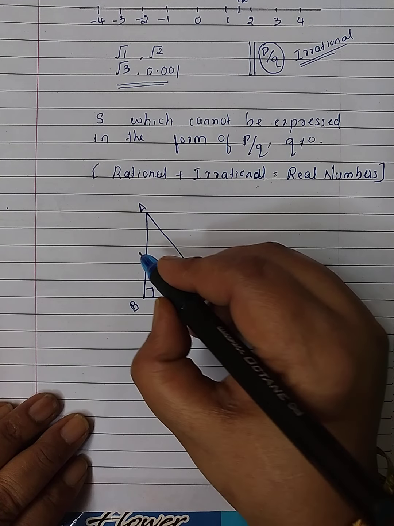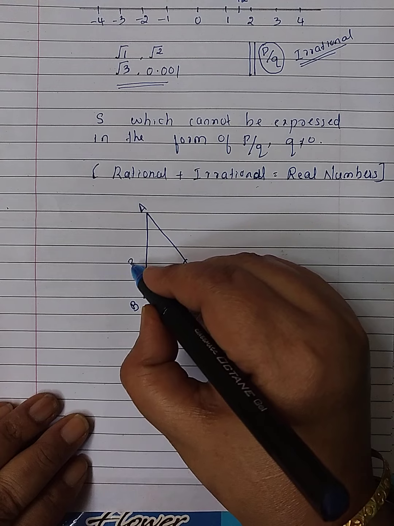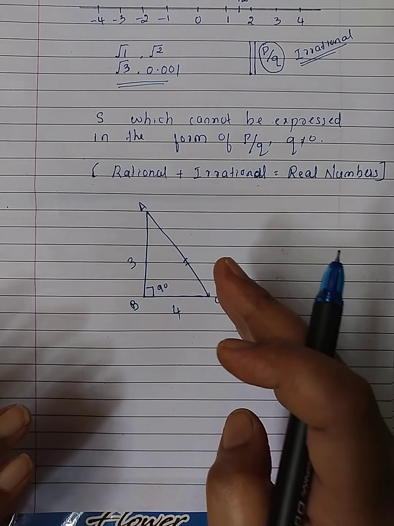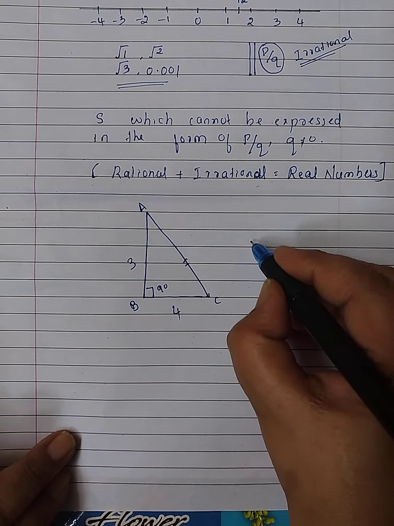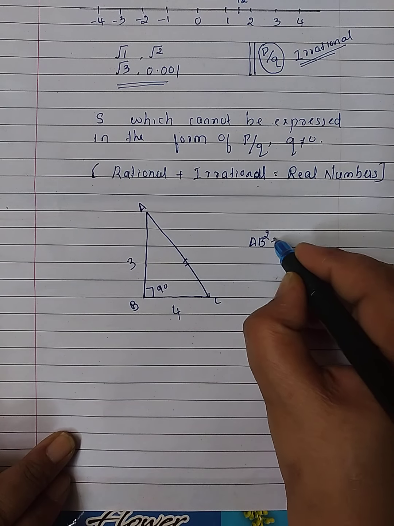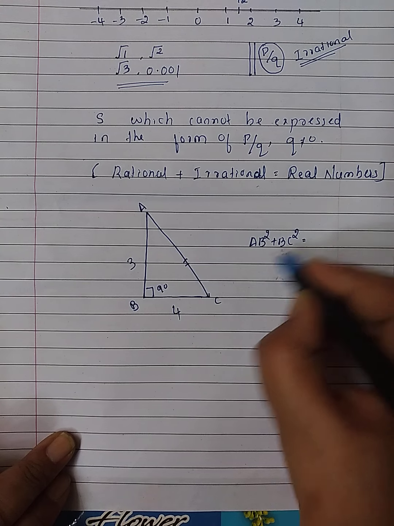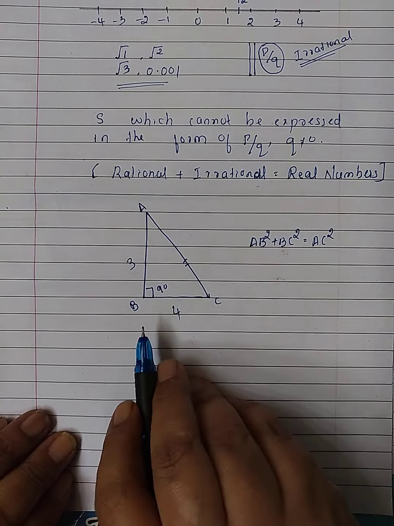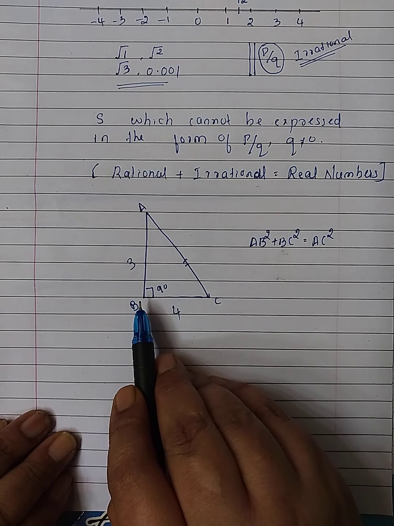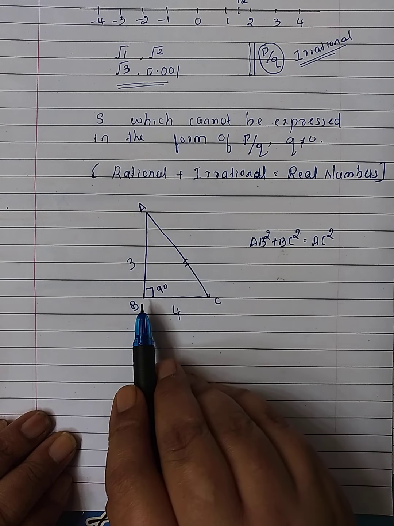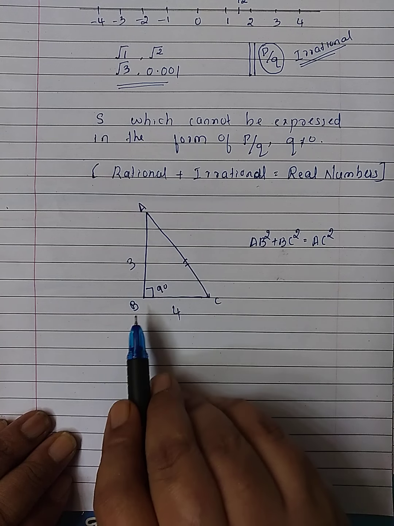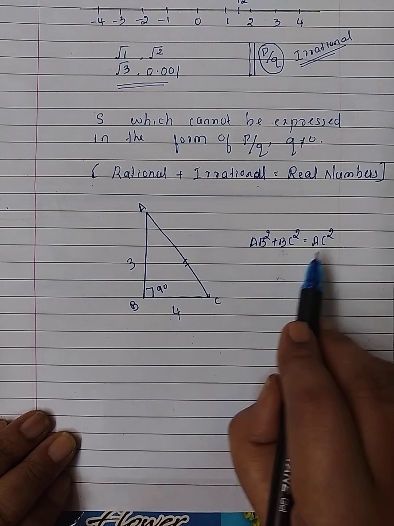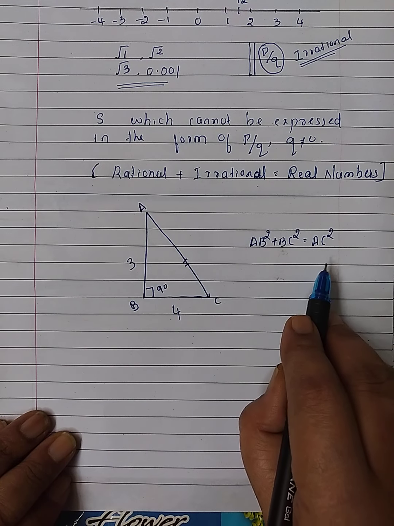Suppose the length of AB is 3 units and BC is 4 units, then the Pythagoras theorem states that AB square plus BC square equals AC square. It means if we square both sides of the right angle triangle, then the sum is equal to the square of the hypotenuse.